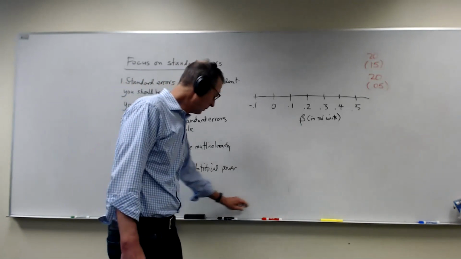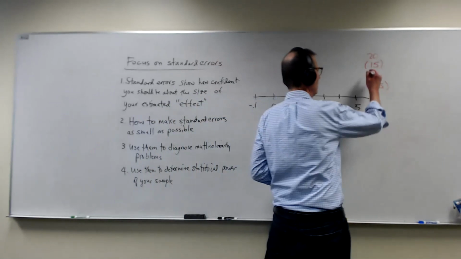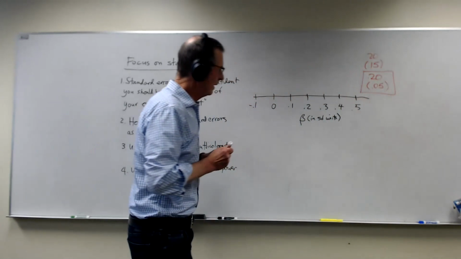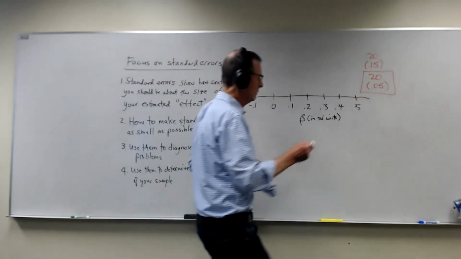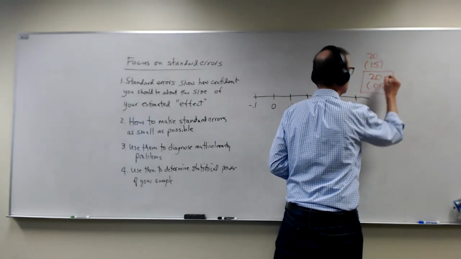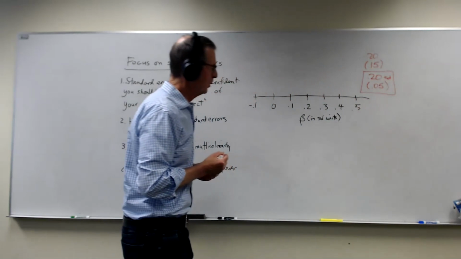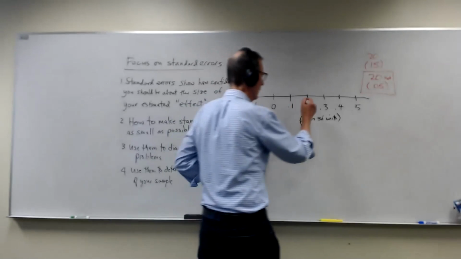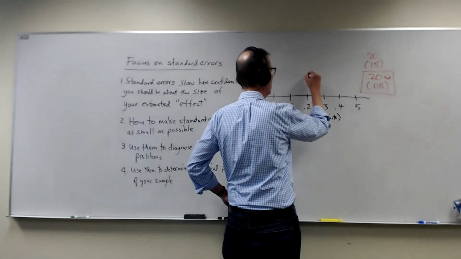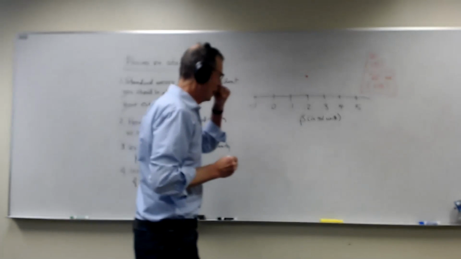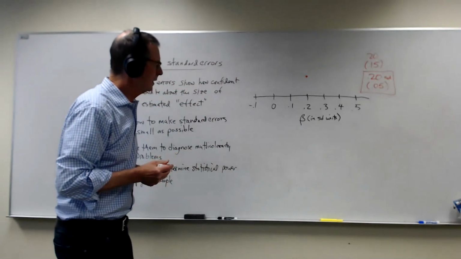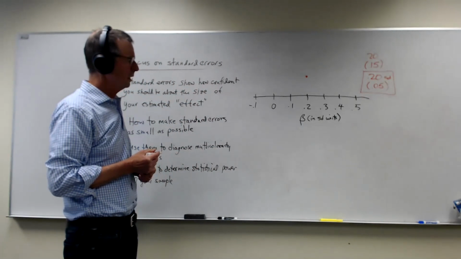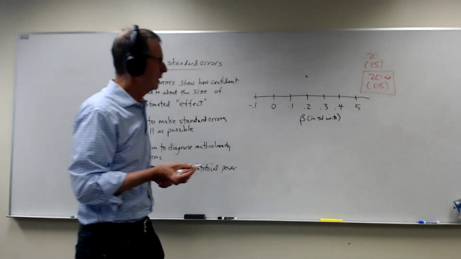And let's say that you first estimate an impact of 0.2 standard deviations with a standard error of 0.05. Okay, so your estimate then is 0.2 standard deviations right here. And you want to know how confident you are that it's around 0.2. And that's what the standard error tells you.